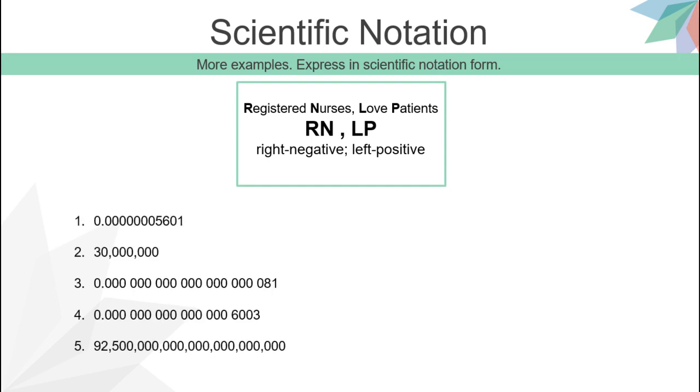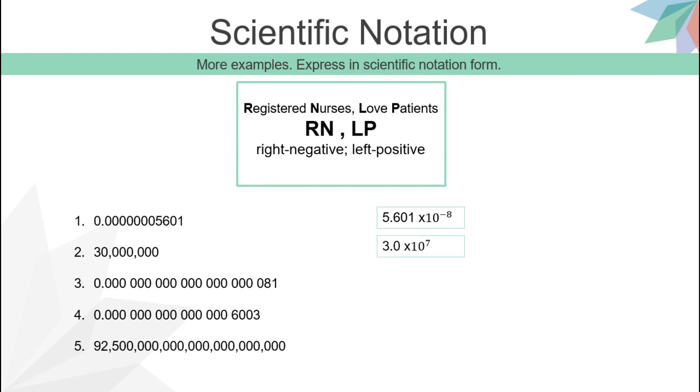So, answer the following. For number 1, our answer is 5.61. Remember that our coefficient should be greater than or equal to 1 but less than 10, times 10 to the power of negative 8, since the movement of the decimal is from left to right. That is negative 8.